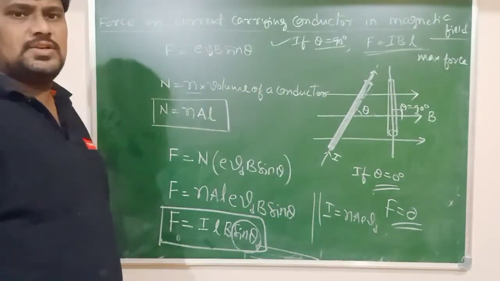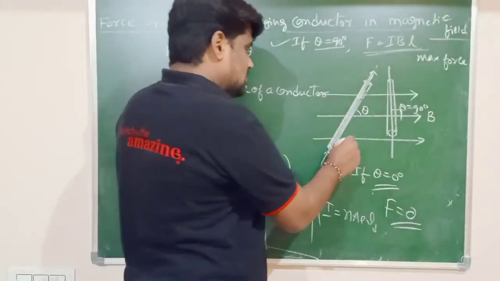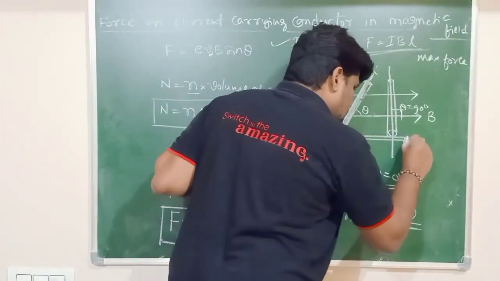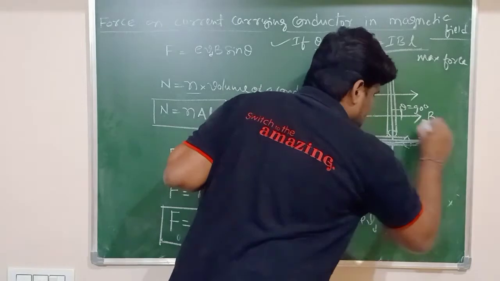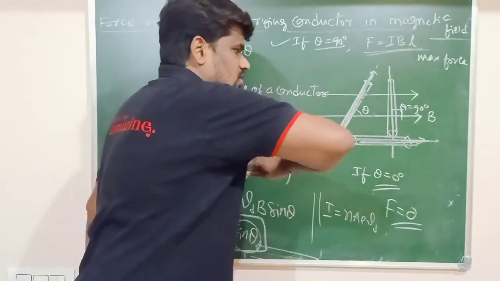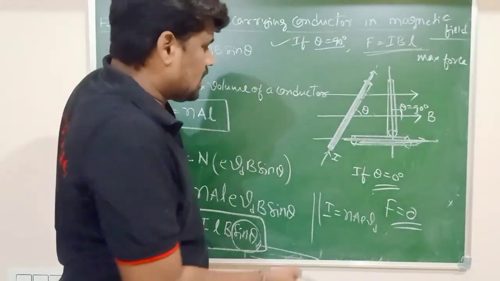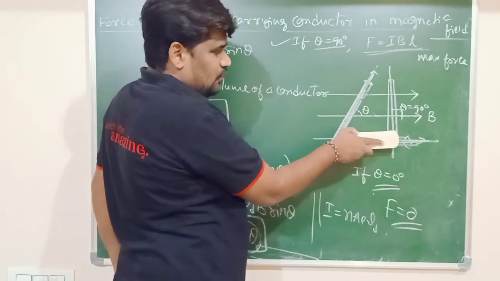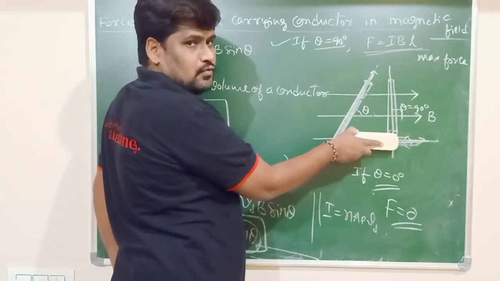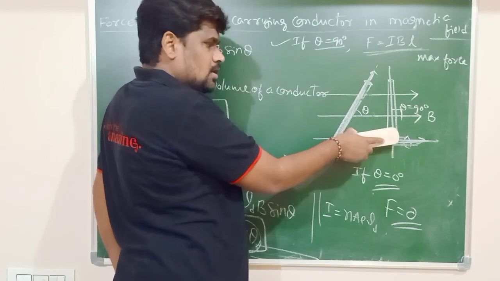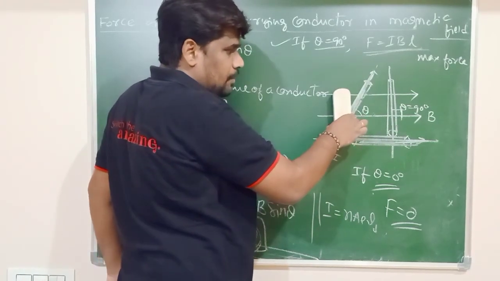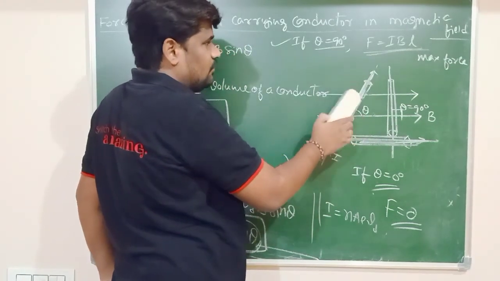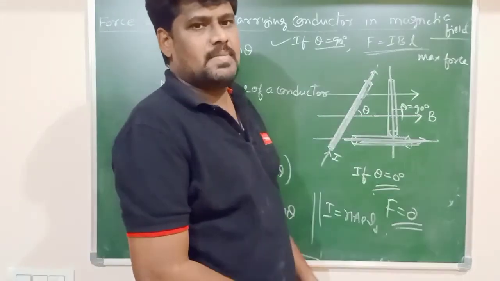The force is 0 or minimum when the conductor is placed parallel to the direction of the magnetic field. Suppose the conductor is placed perpendicular to the direction of the magnetic field, then the force is maximum.